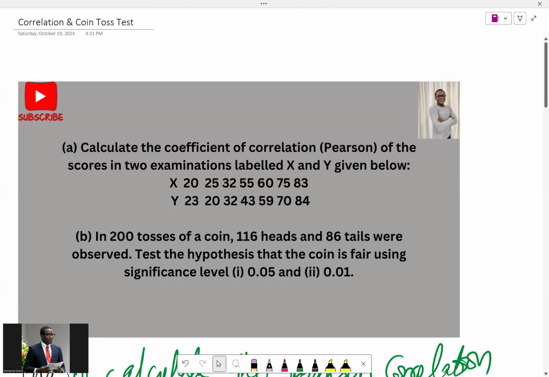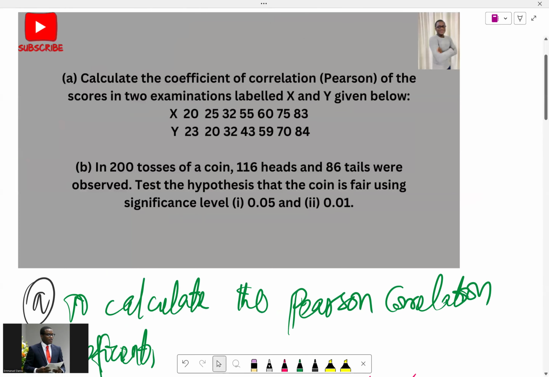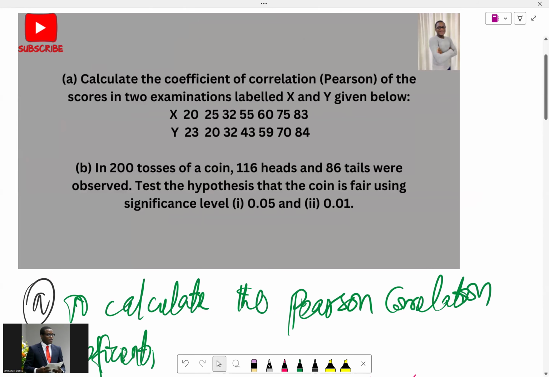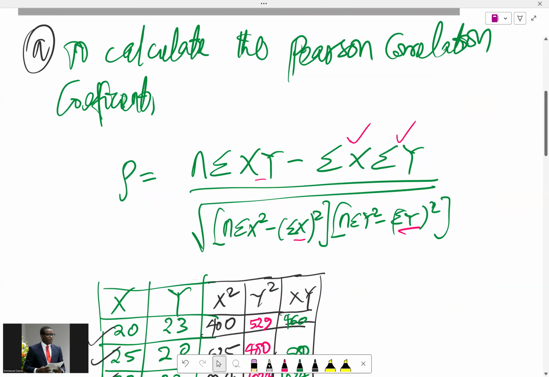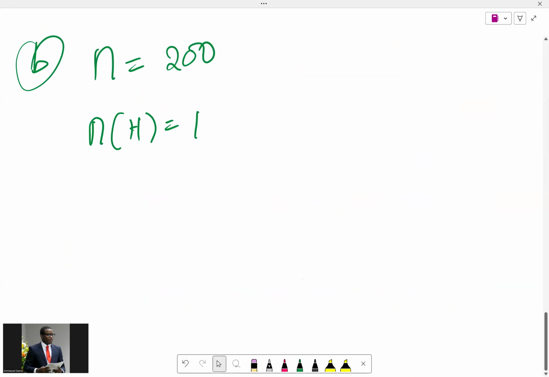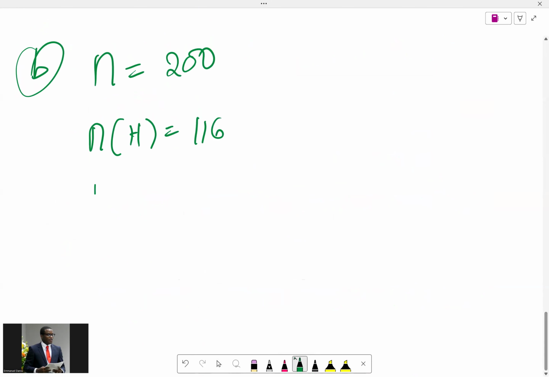Now something is wrong with that. 116 plus 86 should add to 200, but it is 202. So I want to take it that we have 116 heads and 84 tails. Number of tails should actually be 84 because it's 200 tosses, so it shouldn't be 86.